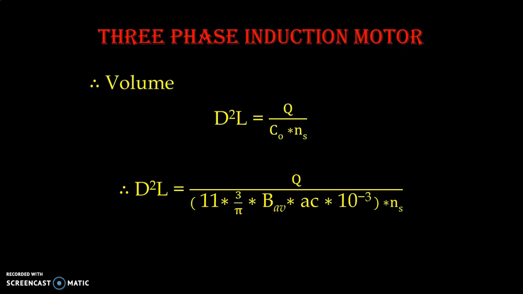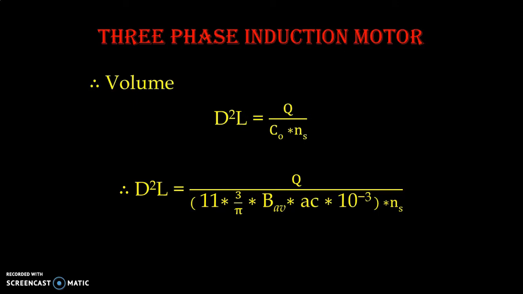In this equation we substitute the value of output coefficient. So Q divided by 11 multiplied by 3 by pi multiplied by Bav multiplied by Ac multiplied by 10 raised to minus 3 and multiplied by synchronous speed Ns. Now for single phase we have one equation for D square L, and for three phase we have another equation for D square L.